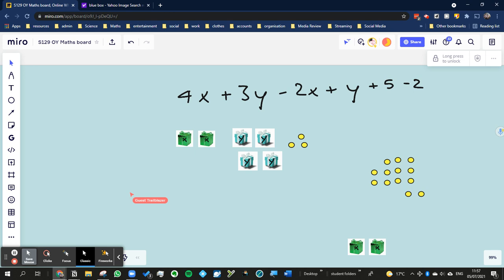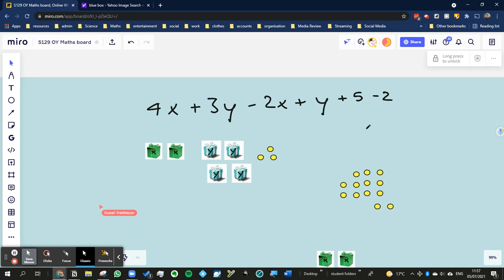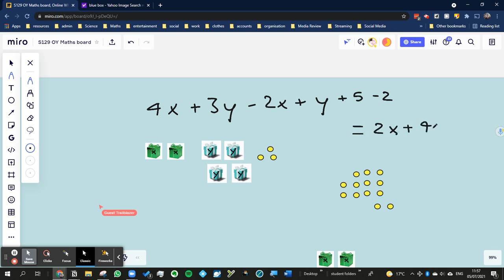I don't know what I did, but anyway, because I did take away 2, I think I must have started with 4 instead of 5. Anyway, so you end up then, the simplified version of this equation is therefore 2x plus 4y plus 3.